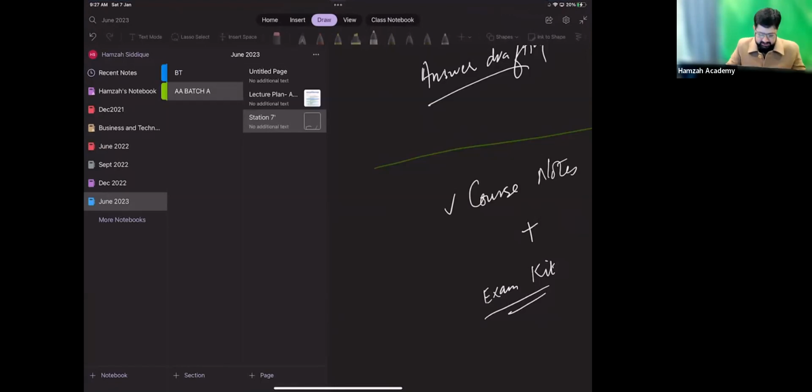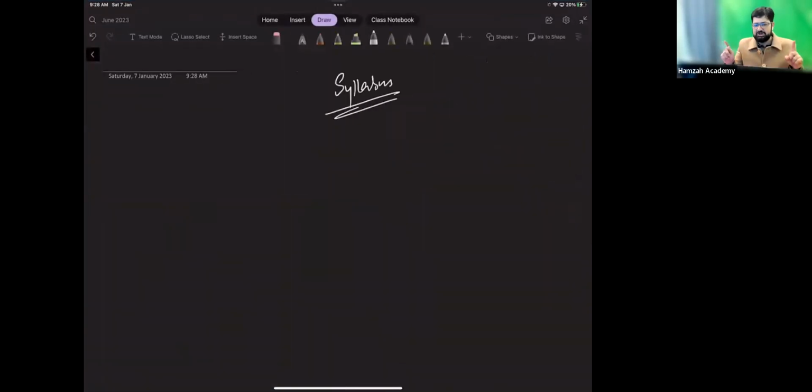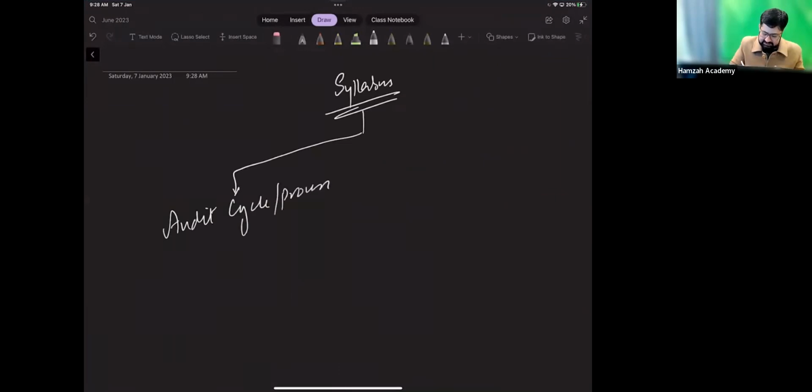So, students, we can categorize your syllabus into two major sections. This is my division, the way I divide your syllabus into two parts: the audit cycle, the audit process, and other areas.